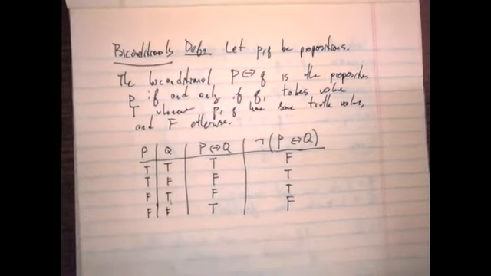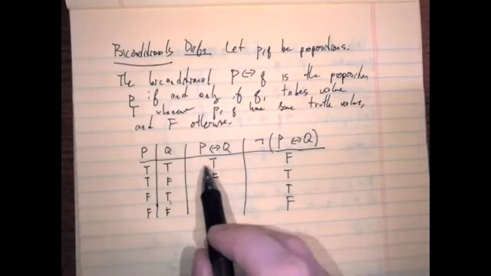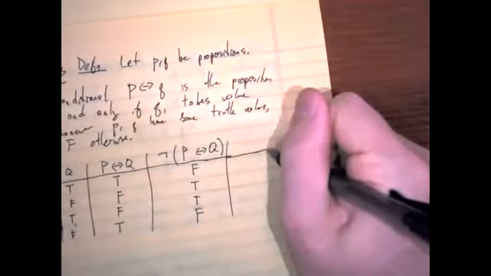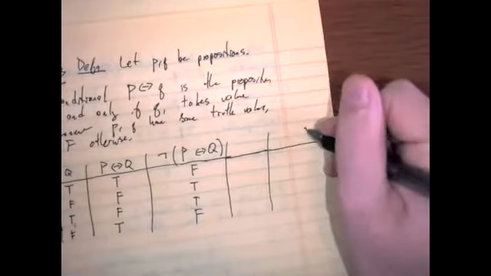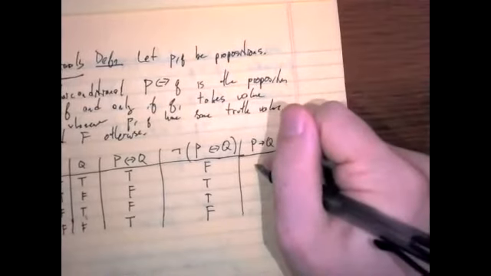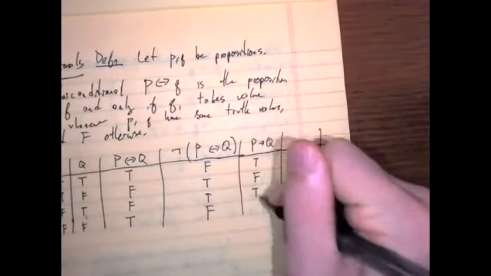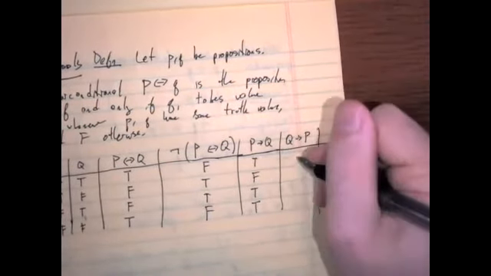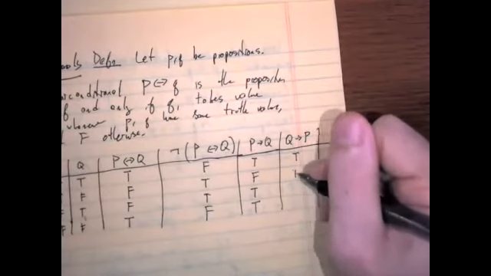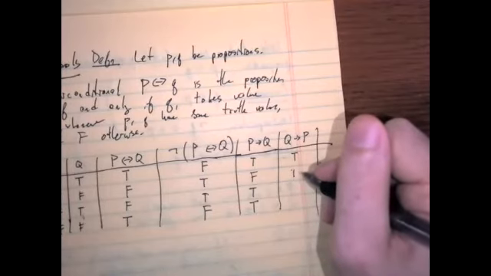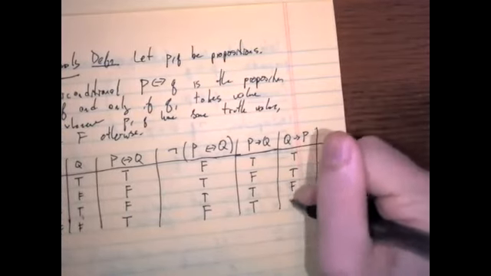Okay, here are some other ways to think about P if and only if Q. What I want to write now are some more parts of the truth table. P implies Q has truth values true, false, true, true, and Q implies P has truth values true, true, false, true.